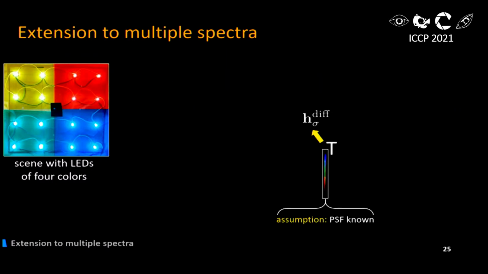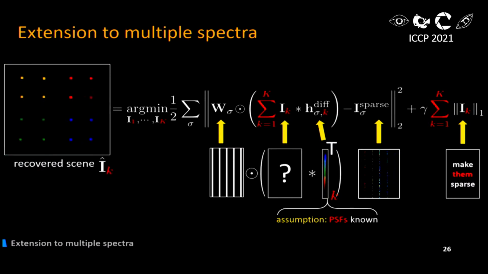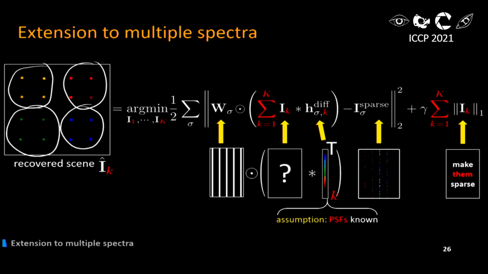In such cases, we model the reflectance spectrum of each scene point as a linear combination of K reflectance spectra. Then, we extend the image formation model and the inverse problem for a dictionary of K point spread functions, and recover the sparse scene contributions per source spectrum K. Notice that in this scene, we not only recover the LED positions, but also get the LED color.